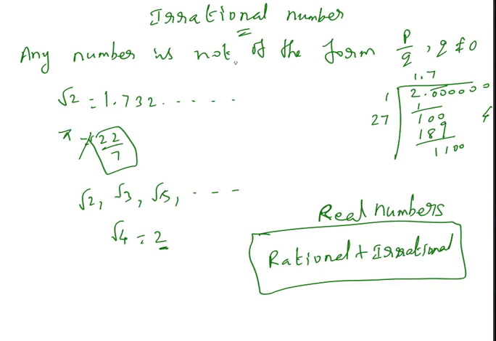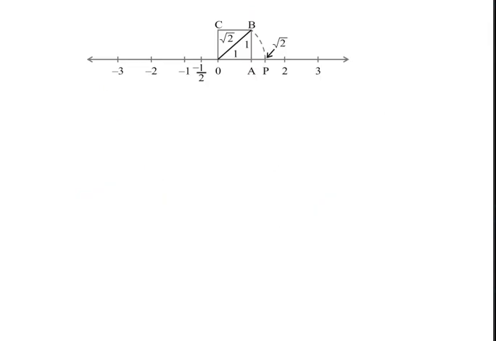Next, we'll discuss how to represent irrational numbers on the number line. We know very well how to represent natural numbers, whole numbers, and integers on the number line. We also know how to represent a rational number on the number line.